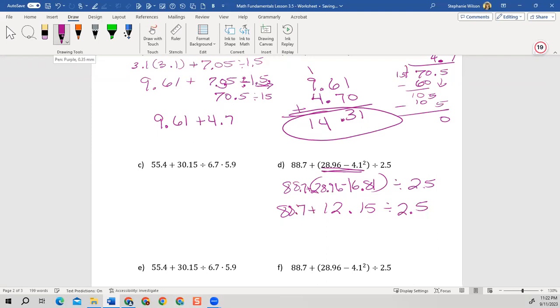So now we cleaned up the parentheses and the power. Now we have division, which comes before addition. So I'm going to say 12.15 divided by 2.5 gives me 4.86. And we're going to add on the 88.7 to that, and that gives me a total of 93.56.